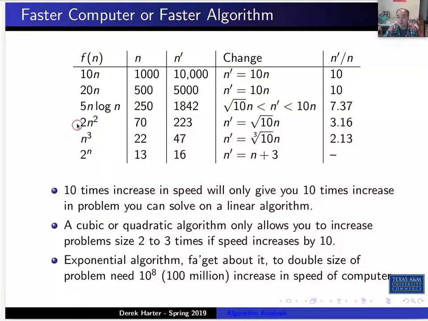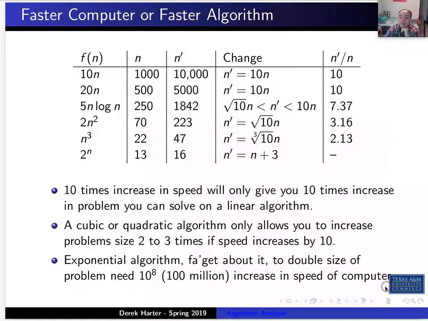So n squared, on my original computer, and this is assuming the same problem. If my algorithm to solve the same problem was a 2n squared algorithm, on my original computer I would have been able to process an input size of 70 in some time limit, right?